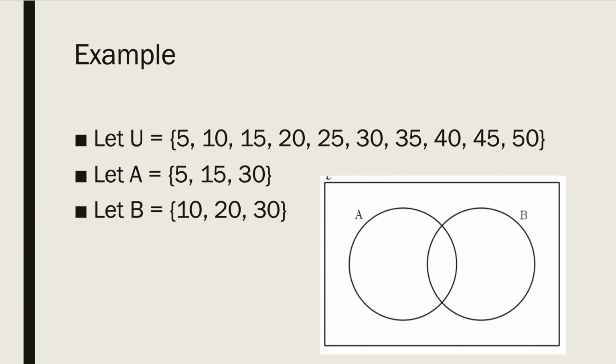All right, let's try this one. So when I look at this one, I notice that A and B share an element. A and B both have 30. So I know that when I set up my picture, I need to have an intersection between the A and the B circles. And in that intersection, I'm going to write that element that they have in common.